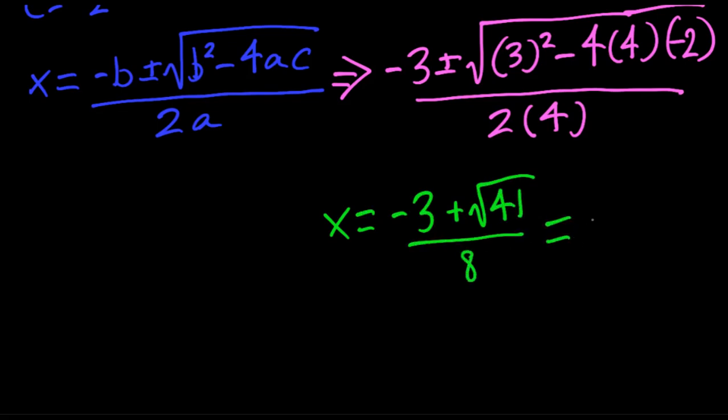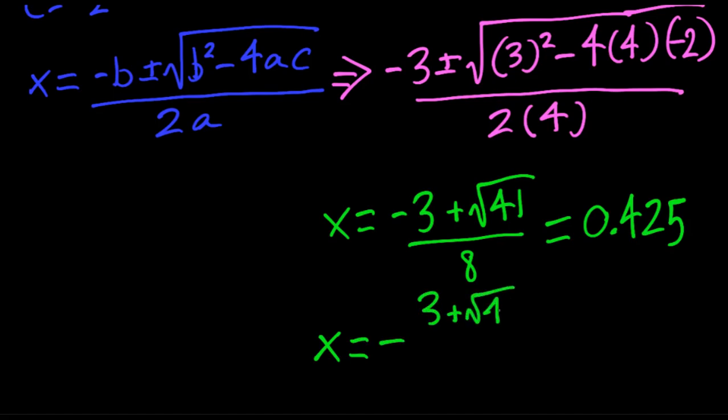And the rounded decimal for that is approximately 0.425. And when we do the same thing for minus 3 minus root 3 squared minus 4 times minus 2 all over 2 times 4, we get x is equal to minus 3 minus root 41 over 8, which is equal to minus 1.175.